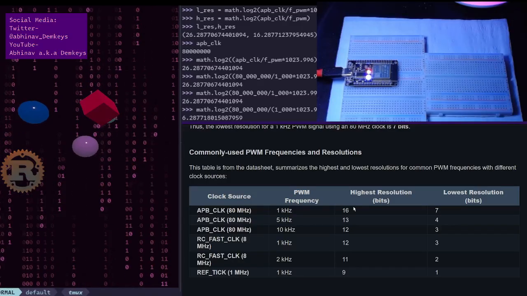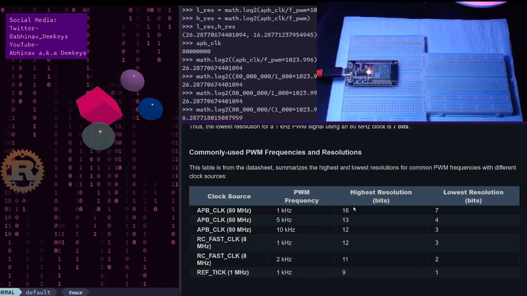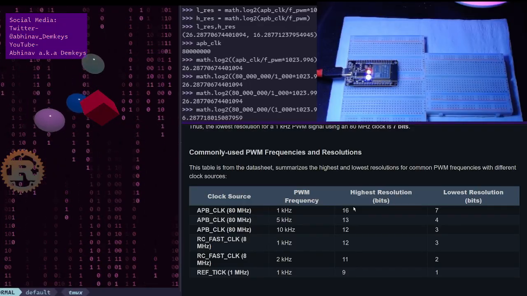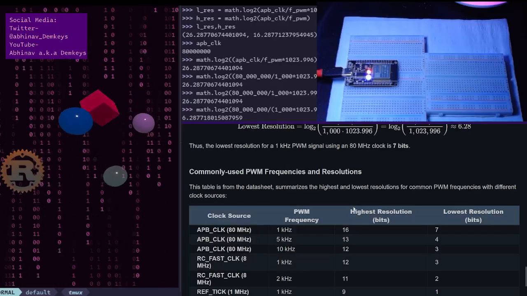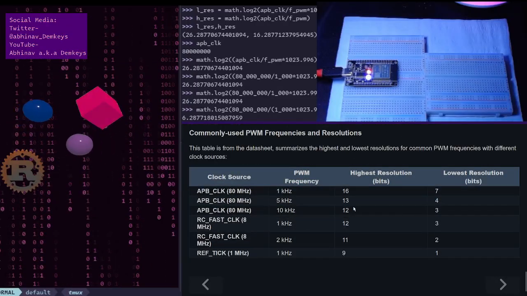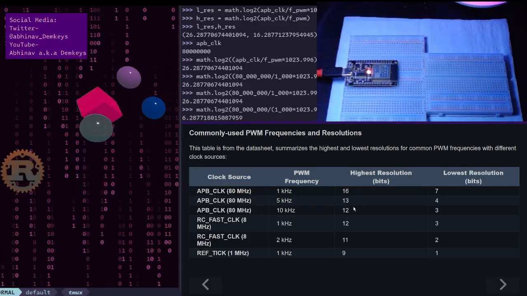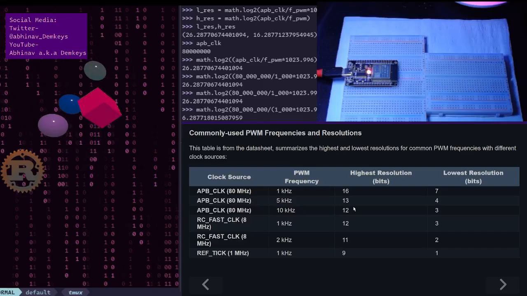Okay, all right. So I'm guessing I won't need to do these calculations every time, but these calculations are being explained just so that we understand exactly why we have the lowest number of bits, highest number of bits, and why certain values may or may not work well together.